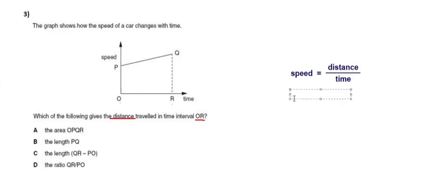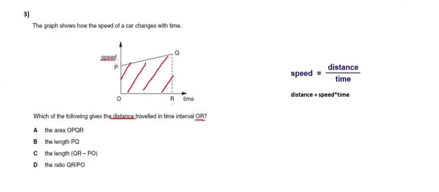From this formula we can say distance is speed into time. And always remember, whenever there is a speed time graph, the area under the curve is the product of x and y.